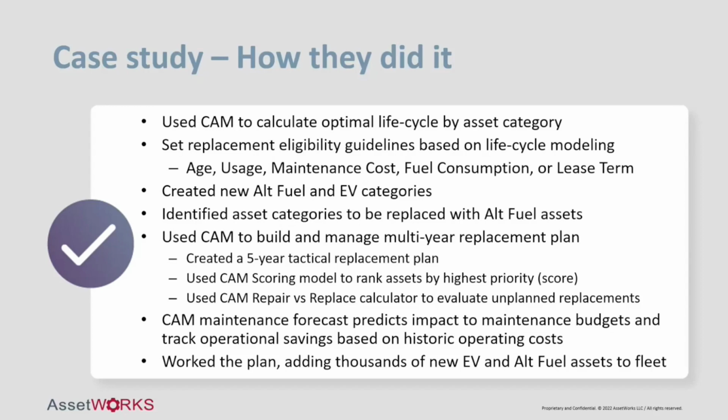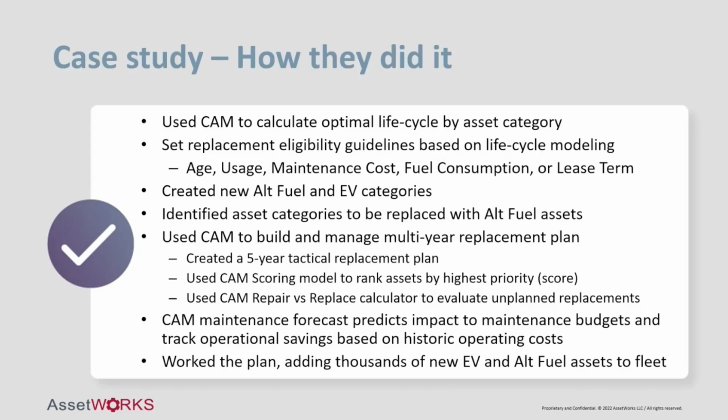Then they used the analytics and planning module within CAM to build a multi-year replacement plan. These were tactical plans for each of the next 5 years, identifying specific assets to be replaced based on their eligibility, and then using the CAM scoring module to rank assets from the highest priority replacement to the least priority.